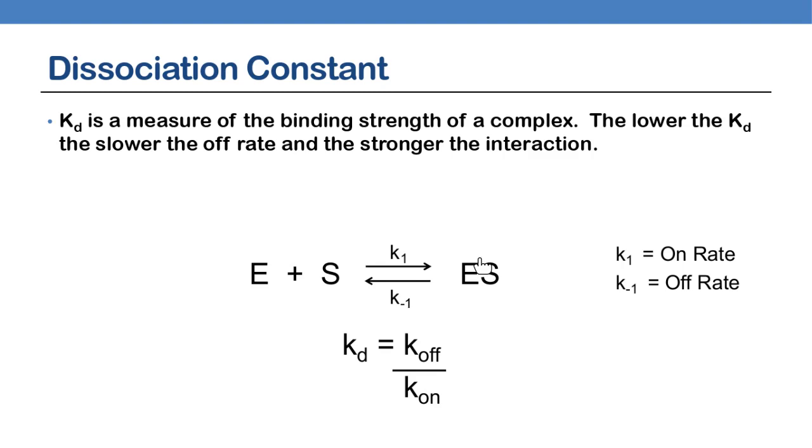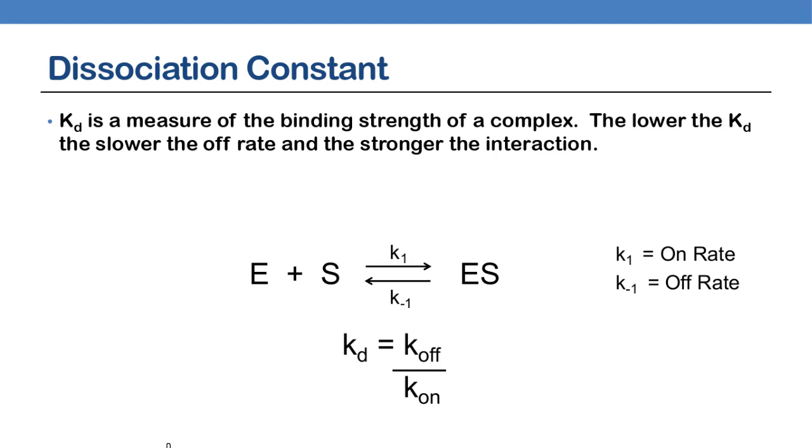When we look at Michaelis-Menten kinetics, we'll get the conversion of that substrate to product. But for now, we're just looking at the association of enzyme and substrate to look at binding affinity. So our KD is a measure of the binding strength, comparing the on rate to the off rate to see, if you do get substrate-enzyme binding, how easily it releases the substrate, or whether you get tight binding. So the lower the KD, the stronger the binding interaction.